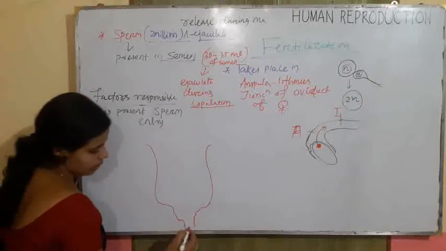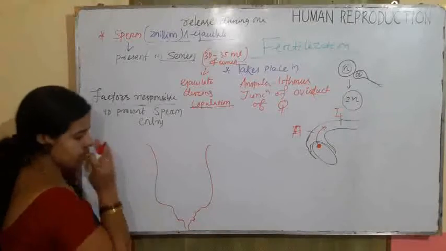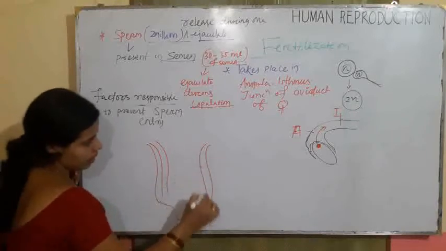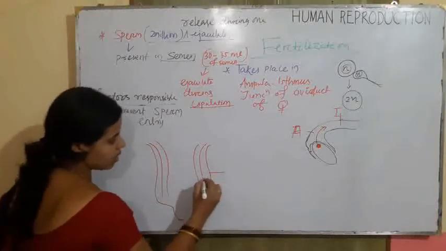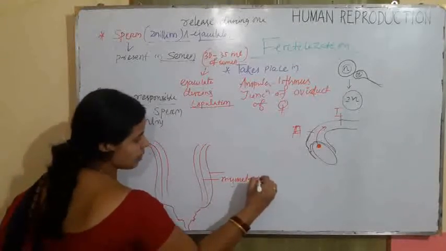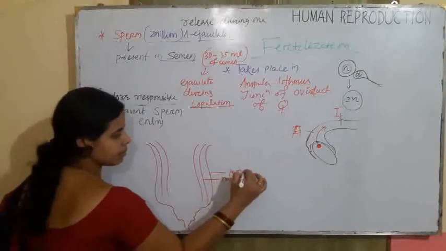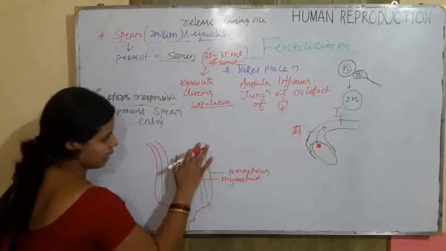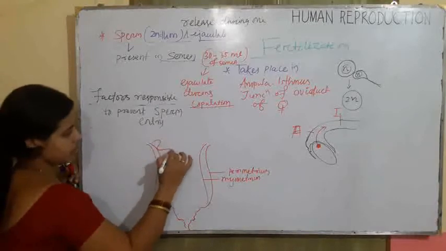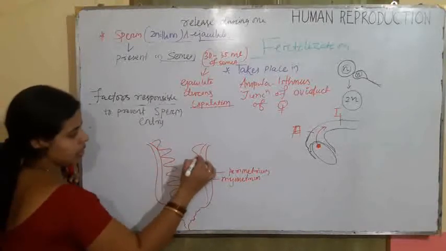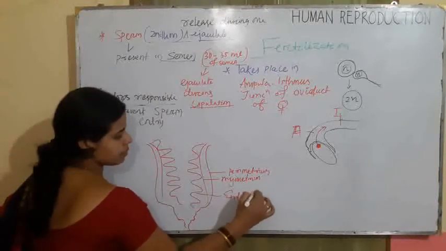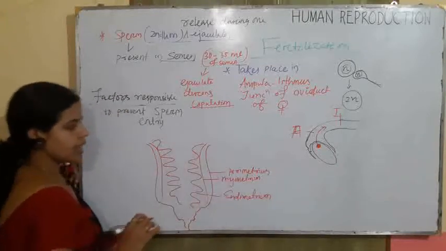Here the three wall layers are there: the myometrium, the perimetrium, and the third one, the infolded structure, which is the endometrium.